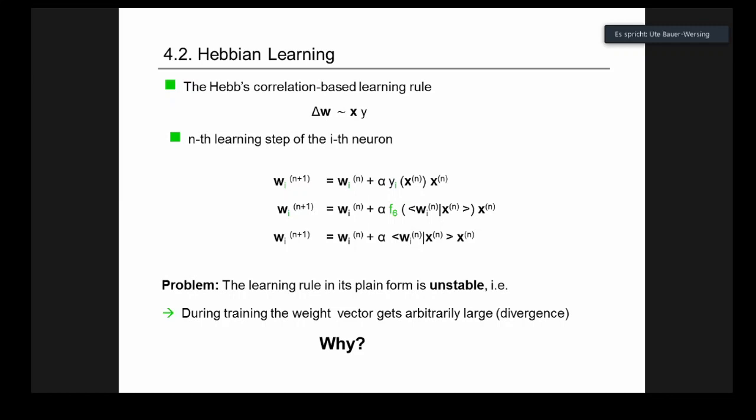Are there questions concerning indices or anything else? This is a Hebbian-based learning rule for one of the neurons in our linear layer.